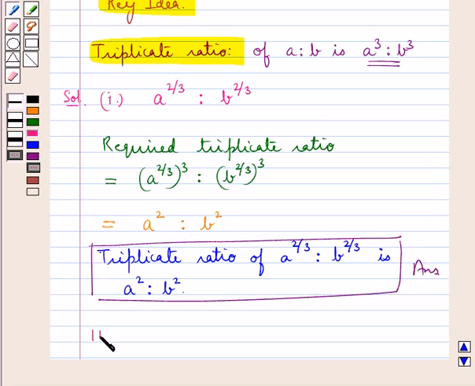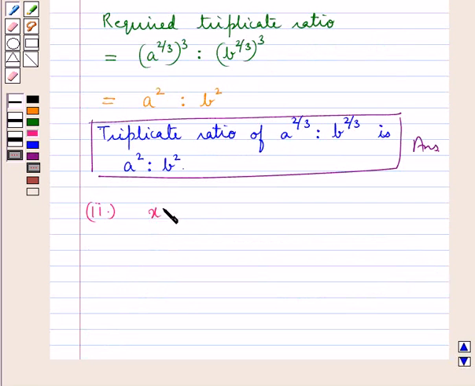Now consider the second part, in which we are given the ratio x to the power 1 upon 3 into y is to x into y to the power 2 upon 3.